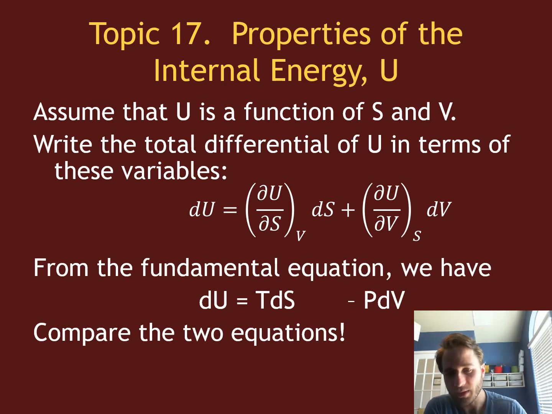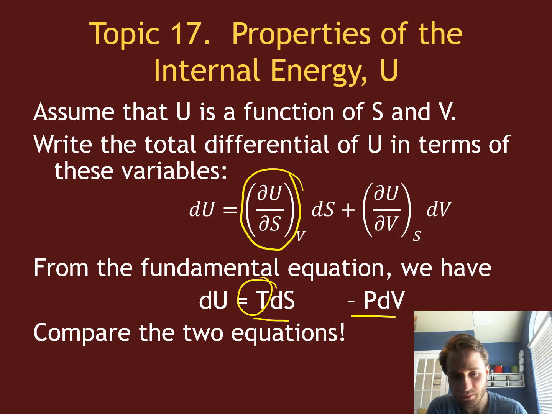But again, the fundamental equation says it's TdS minus PdV. If we compare these two equations, we can see that temperature has got to be the same thing as ∂U/∂S at constant volume, and minus P has to be the same thing as ∂U/∂V at constant entropy, right?